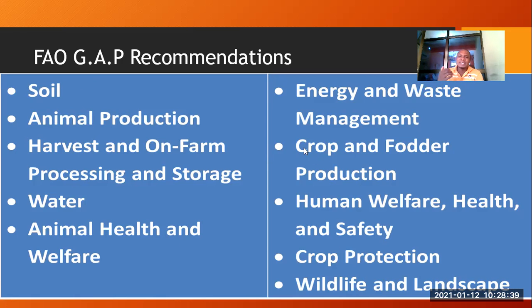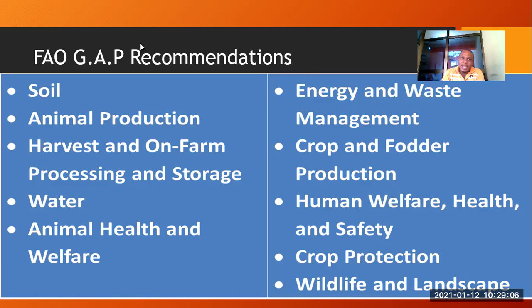So even if we take the GlobalGAP standard, for example, you see that all these elements have questions in the GlobalGAP standards that you have to answer. When you are talking about soil, they are asking you specific questions about the way you handle and treat your soil. When we are talking about harvest and on-farm storage, the way you are doing these things, there are questions you should answer.